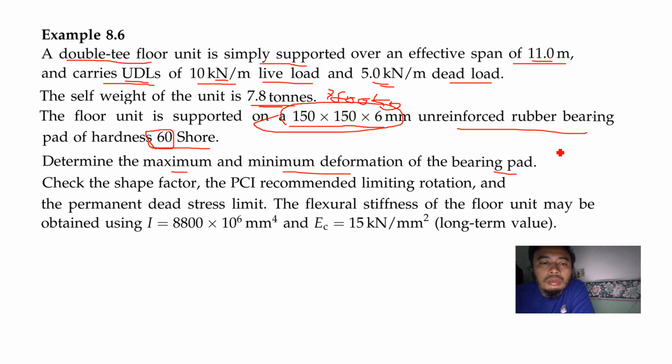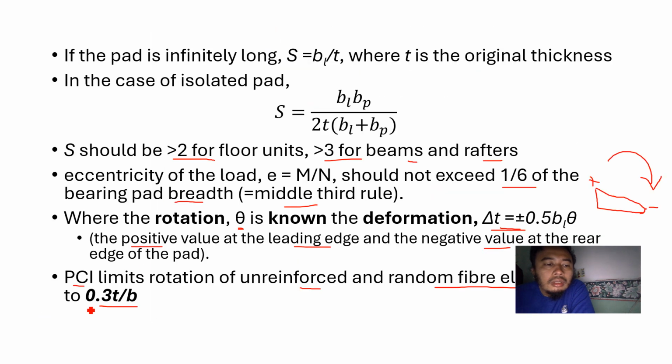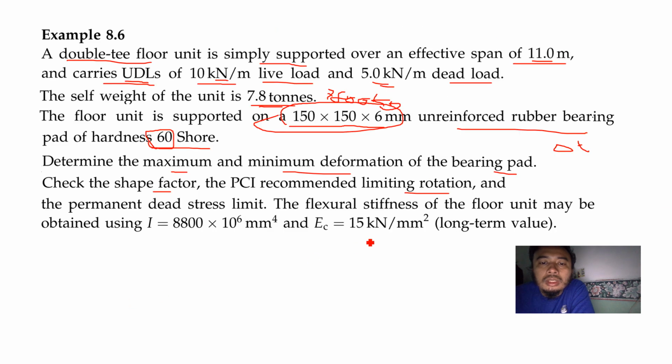So you want to know the delta t, the deformation. Check the shape factor and the PCI recommended limiting rotation. Does this value comply with the rotation? We're well below the limited rotation, and the permanent dead stress limits.